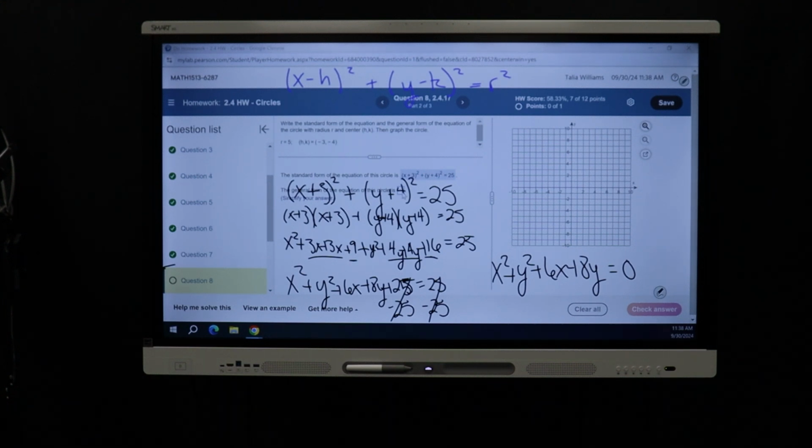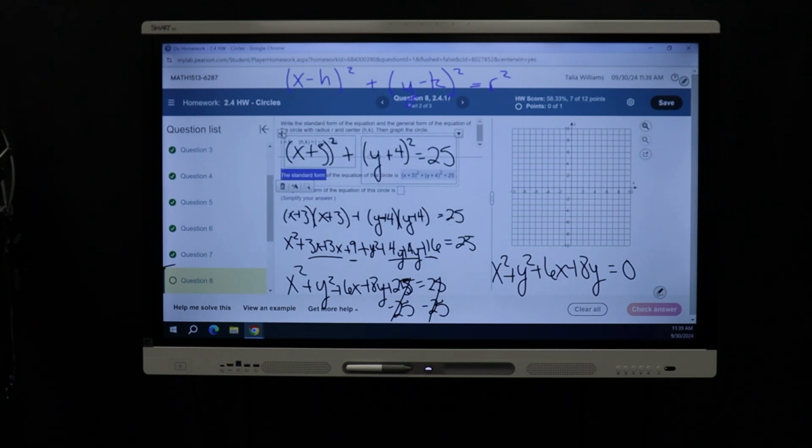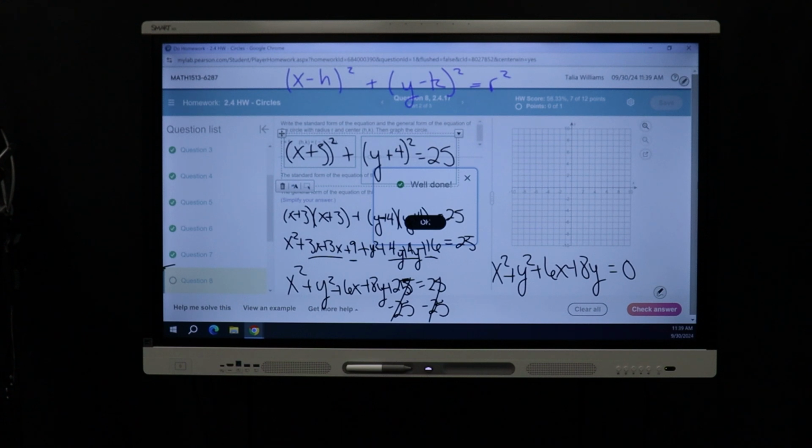Because my 25's canceled out. Cool. So x squared plus y squared plus 6x plus 8y equals 0.